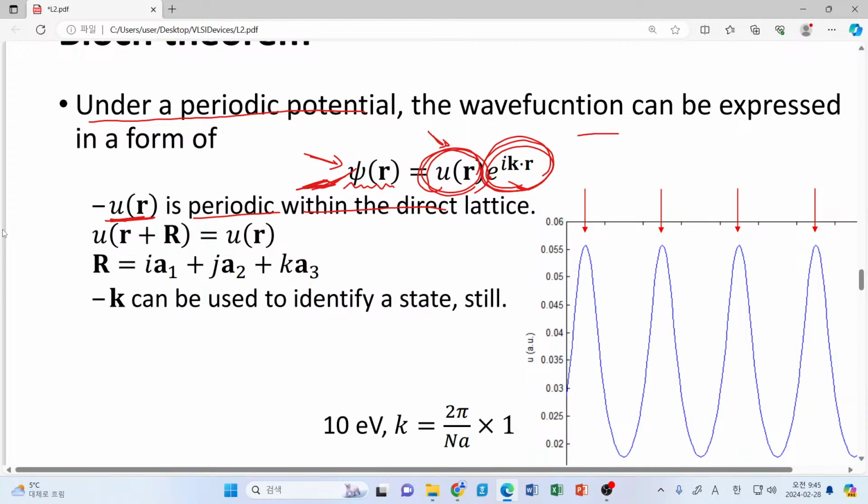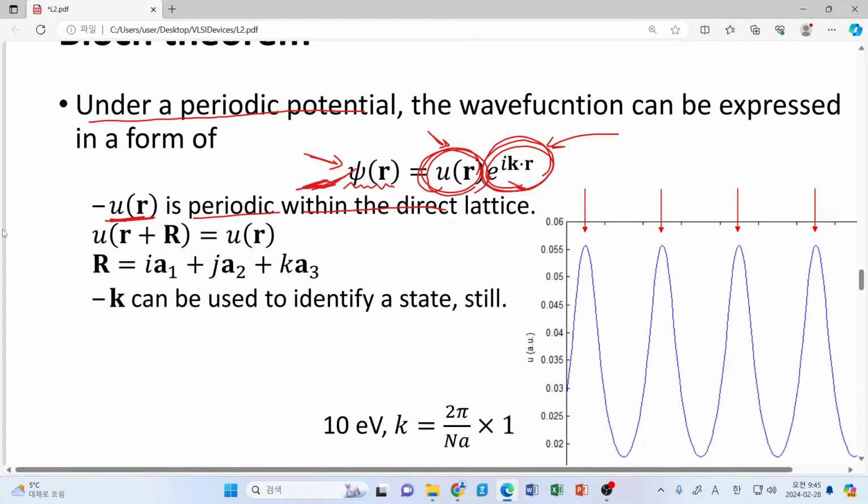So in the longer term, if we go to a longer length scale, then its behavior just looks like a free electron. So we can treat our wave function inside the periodic boundary condition.